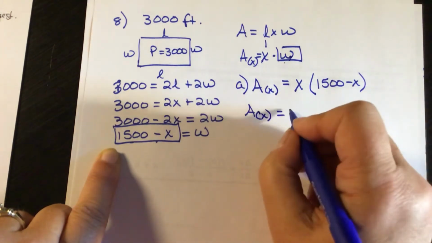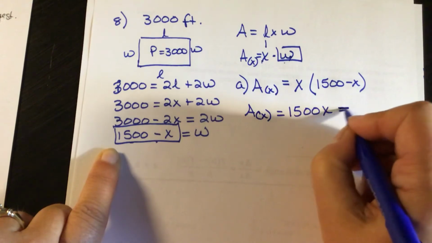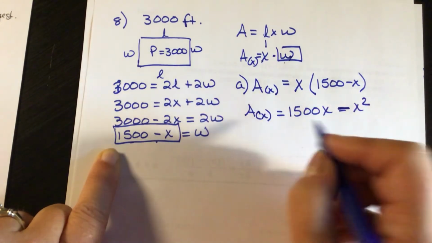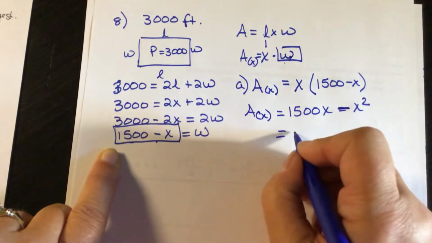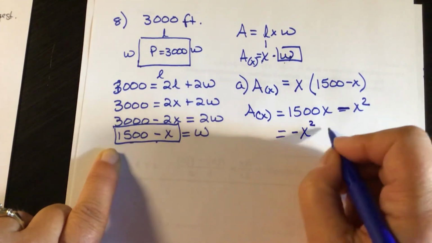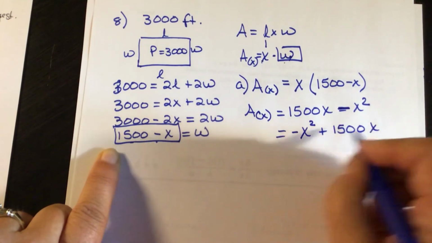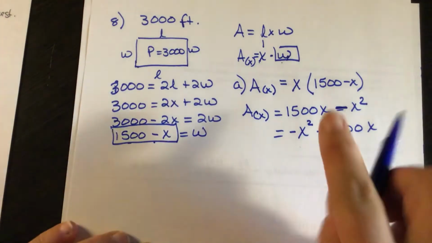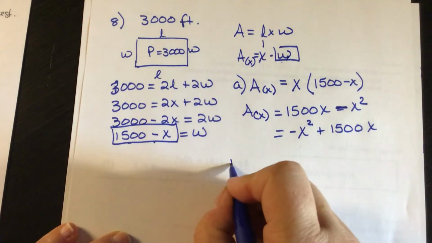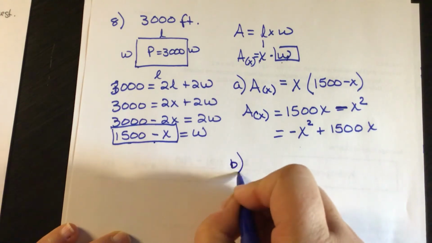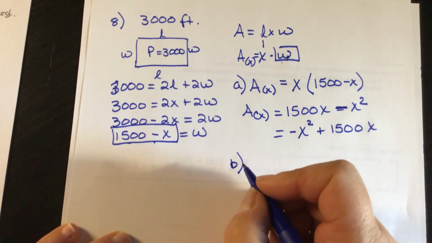So that equation is 1,500x minus x squared, or if you want to write it as the x squared part first, I have minus x squared plus 1,500x. This is the same thing. I just flip-flop these two. All right, so for part B, they want us to find the maximum length.